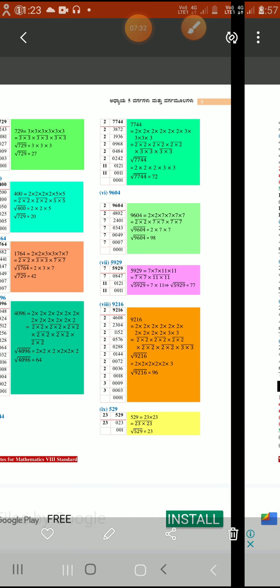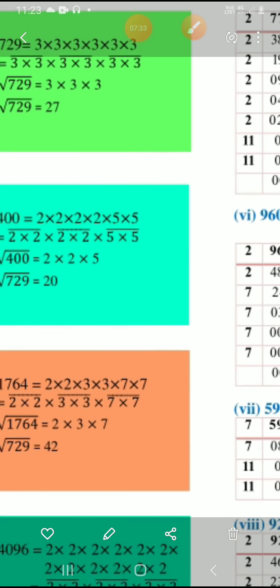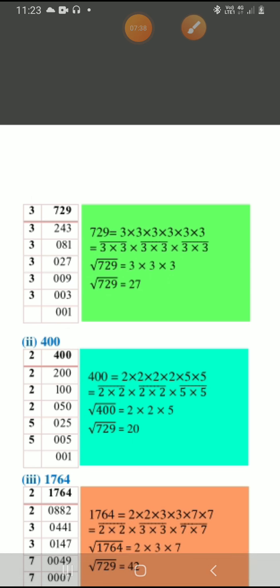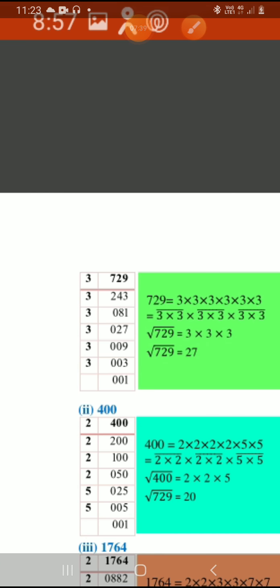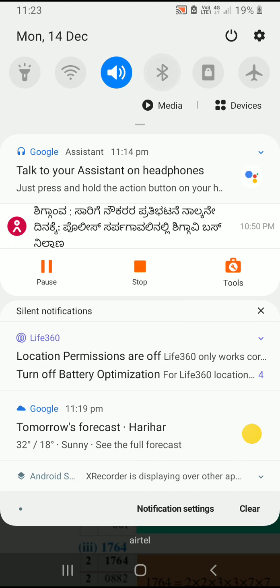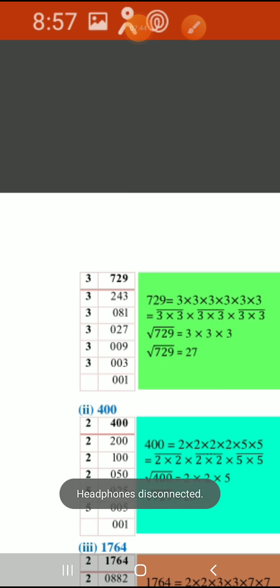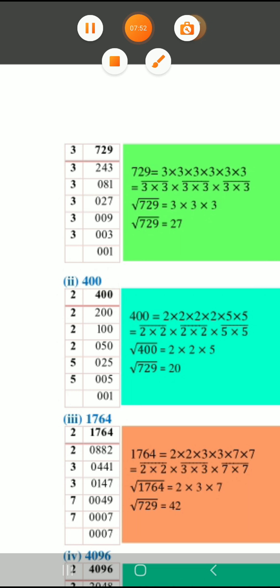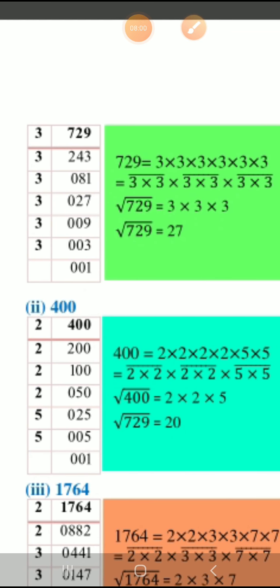So first, try to see that. The first number is, look here, you can see in the picture, 729.